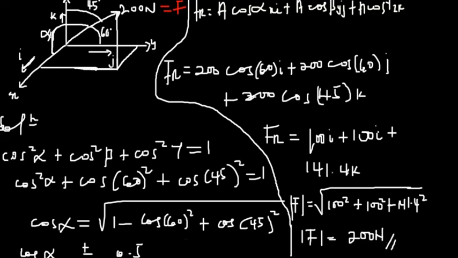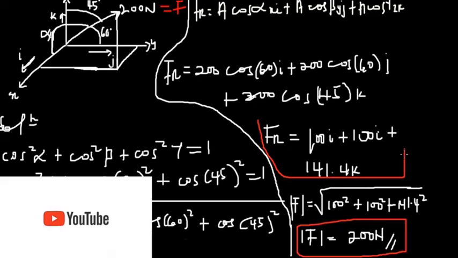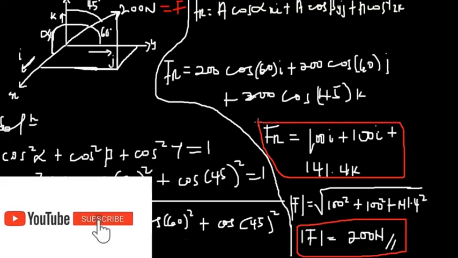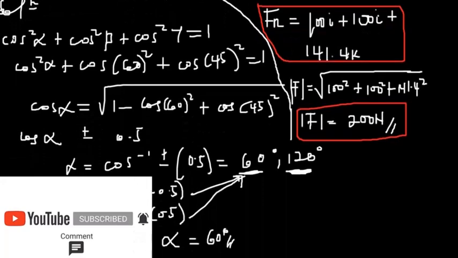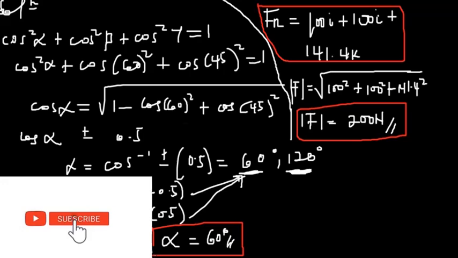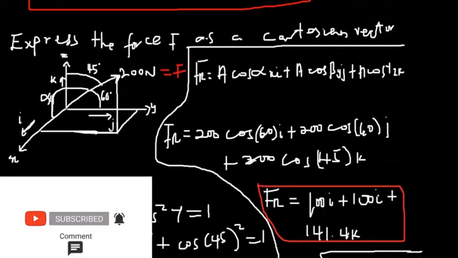This will be our resultant force, our polar being converted to Cartesian, and then this will be our alpha angle.